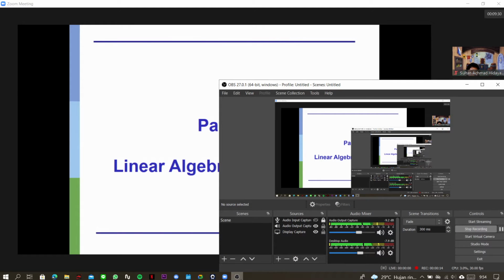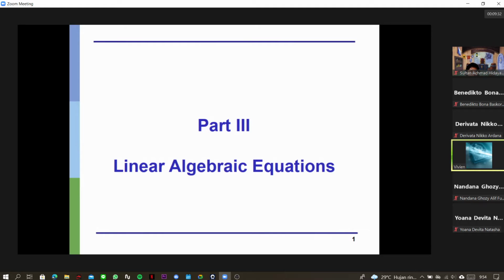Okay, so we have learned about roots of equations, and you have some assignments about finding the roots of equations using four methods. Four methods that we have learned before.